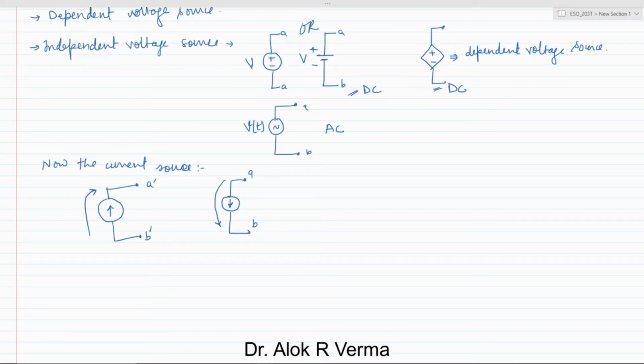So in any circuit, if you see some arrow, it means it is a current source, and if it is represented in this circle, it shows it is an independent source.